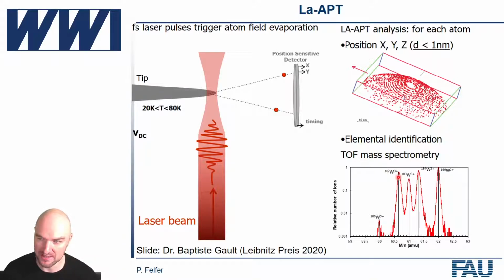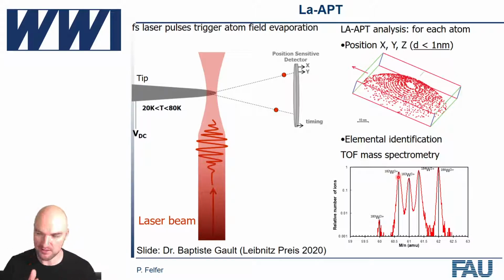The reflectron doesn't actually per se do anything in laser atom probe, but because a lot of the reflectrons, especially the ones from Cameca, are focusing, not defocusing, you can have a smaller detector sitting somewhere, and the flight time gets longer by the atoms flying into this bucket that's the reflectron and then coming out again, and this way flying long. And this is why you also get a better mass resolution in laser from a reflectron compared to a straight flight path instrument. It's just because the flight time is longer.